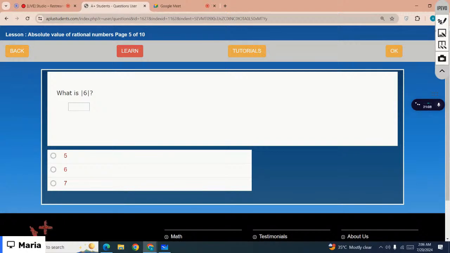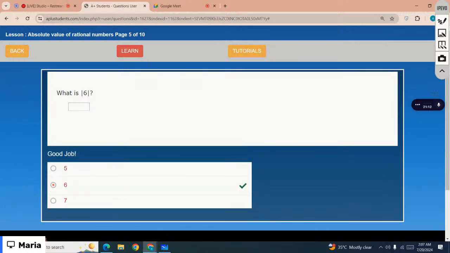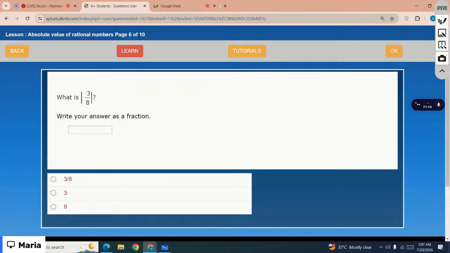Yes, 6 it is. Option number 2 is the correct option. What is the absolute value of negative 3 by 8? Which is the correct option? Yes, that is 3 by 8. Option number 1 is the correct option.